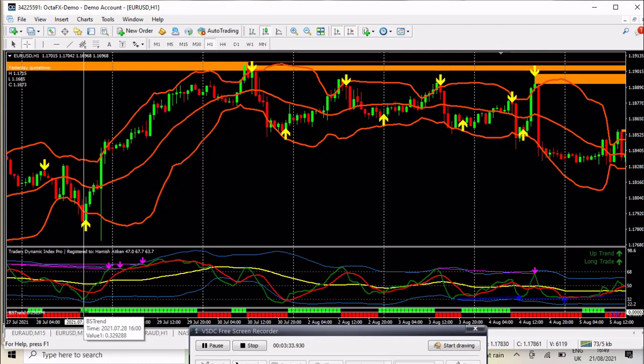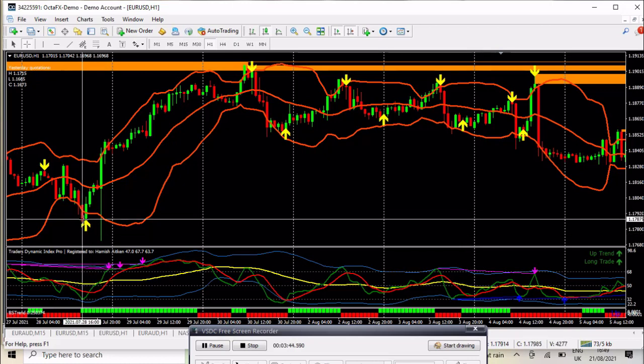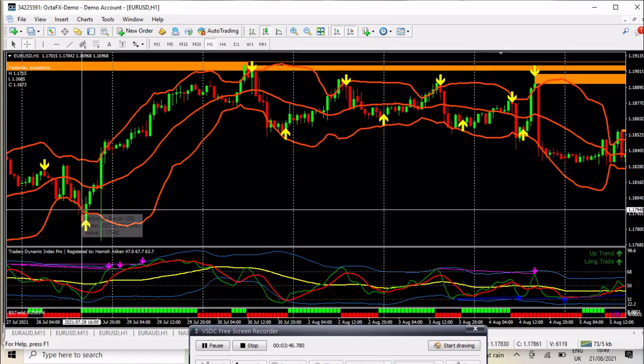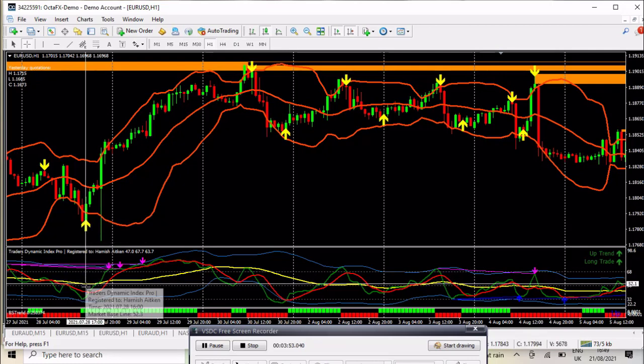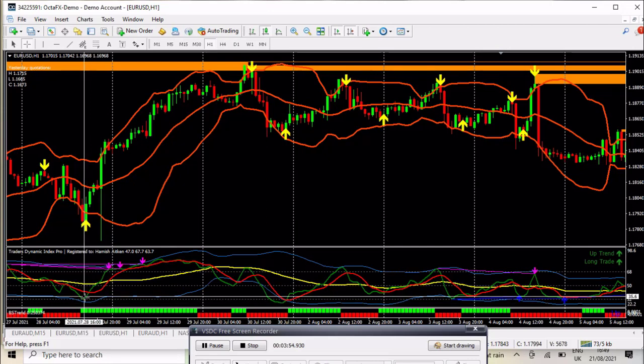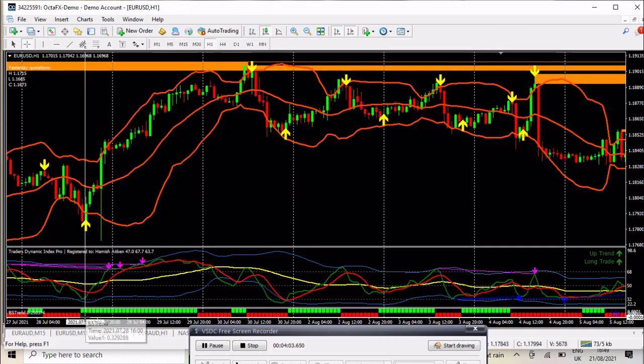So this is the way you use this strategy, the combination of everything I have put together on the chart, as you can see on my screen. The number one rule is the price must be at the lower Bollinger Band for a buy, and the TDI green line must cross the red line for a buy, and the last indicator here must be green.